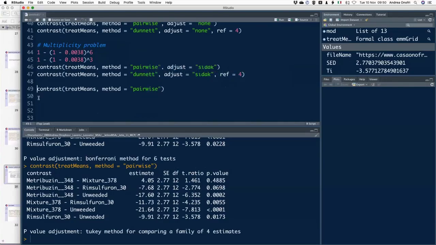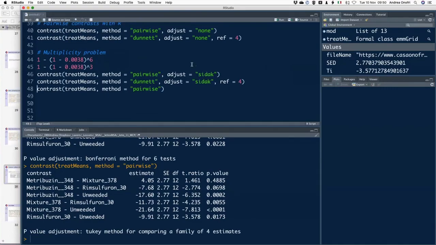Of course, we can translate this into a letter display. So, letter display.